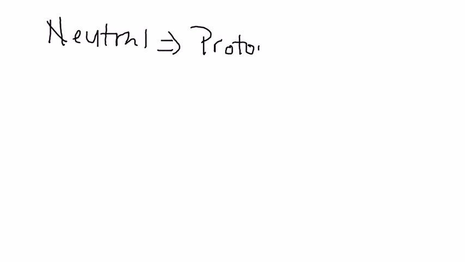In the previous lesson in the classroom I mentioned that neutron, proton and electron are the subparticles of an atom, and usually when an atom is neutral, the number of protons inside the nucleus of an atom is always equal to the number of electrons surrounding the nucleus. This is the case when it is neutral.